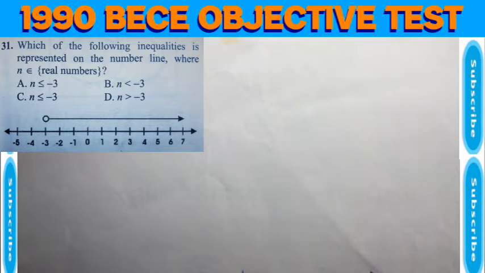For question 31, the question is displayed on the screen, and it demands that we select one of the alternatives to match or represent the illustration on the number line. Taking a look at the number line, the circle linked to the arrow moving to the right is not shaded.